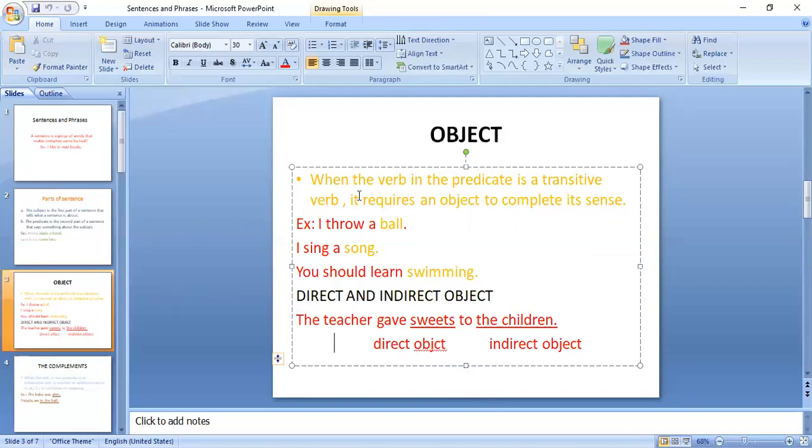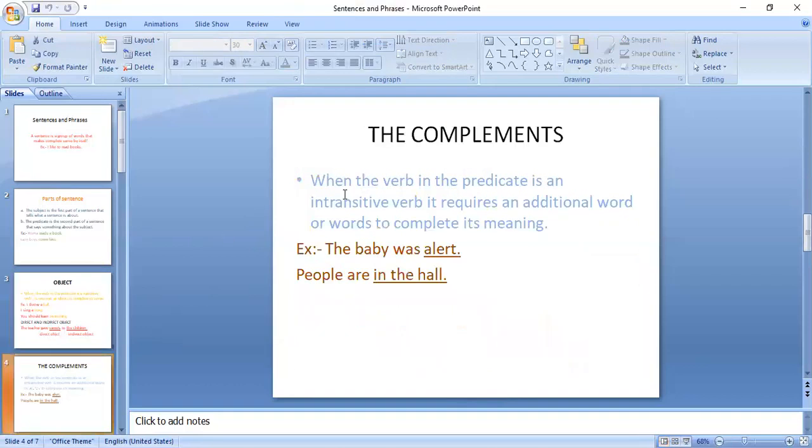So I think all of you are clear about objects. Then we'll move to complements. What are complements? When the verb in the predicate is an intransitive verb, it requires an additional word or words to complete its meaning.